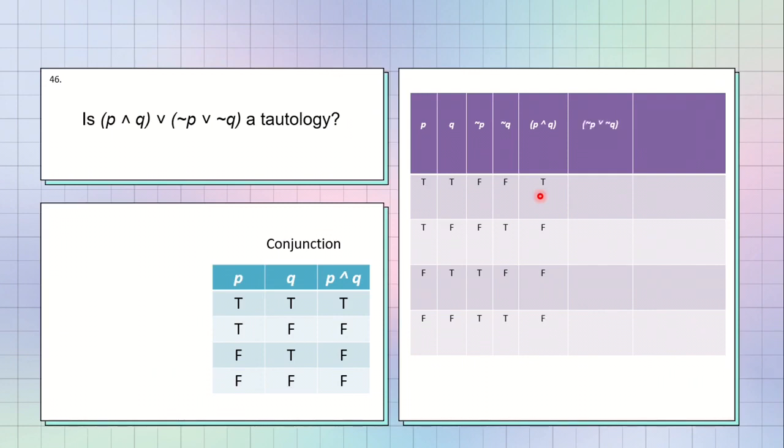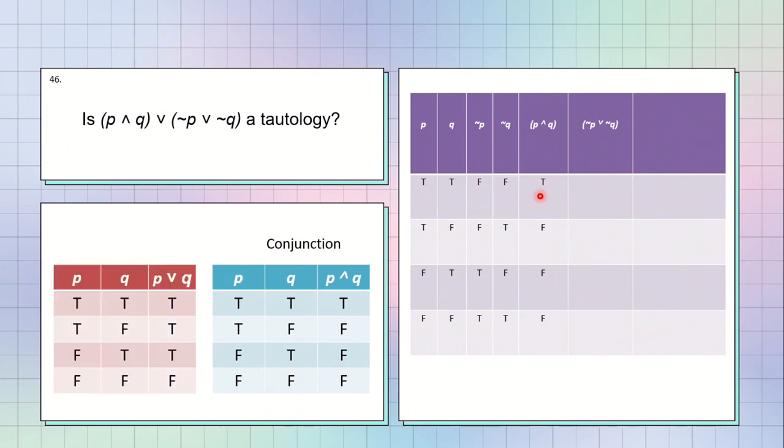So let's move on to the next column. We will get the disjunction. So now, we will get the disjunction of the values of the negation of P and Q. So the values are false, true, true, and true.